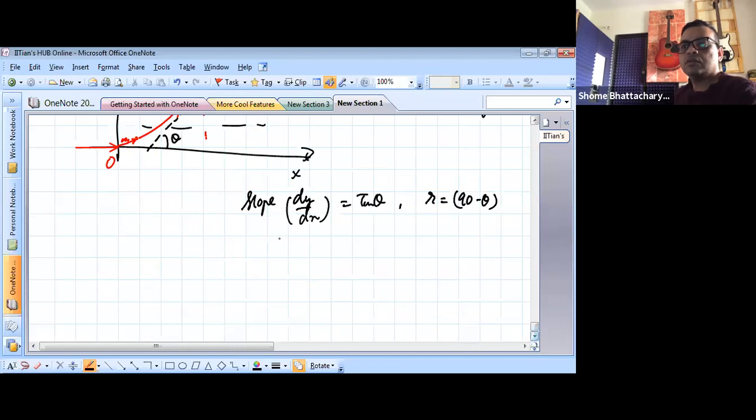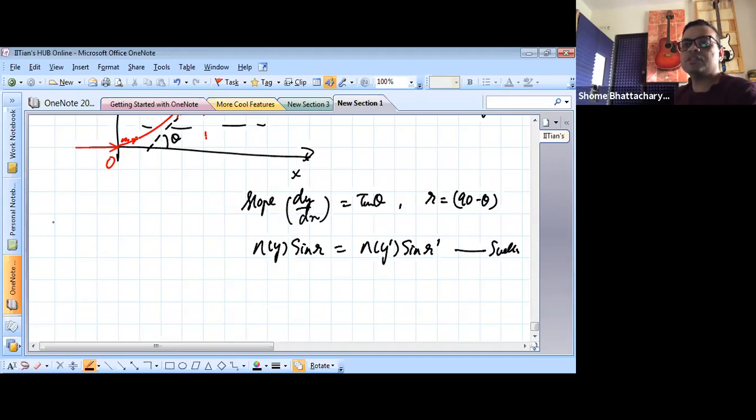So the refractive index at that point into sin r is equal to refractive index at any other point into sin r prime. This is the general Snell's law.